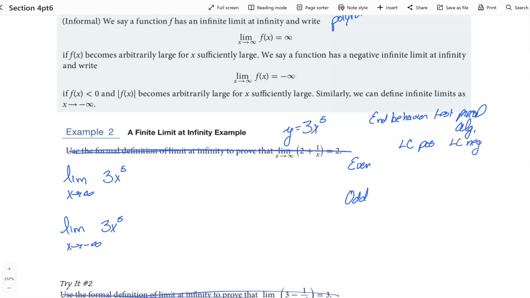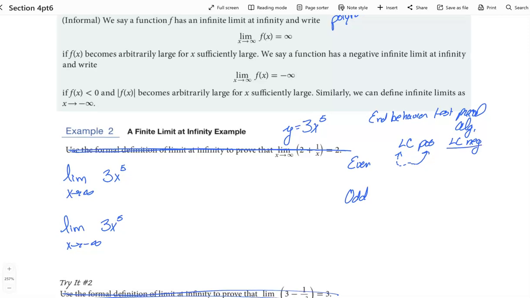We said if we had an even leading term and a positive leading coefficient, both ends would point up. So we could think about the limit as x goes to infinity heading up and the limit as x goes to negative infinity heading up, both sides to positive infinity.